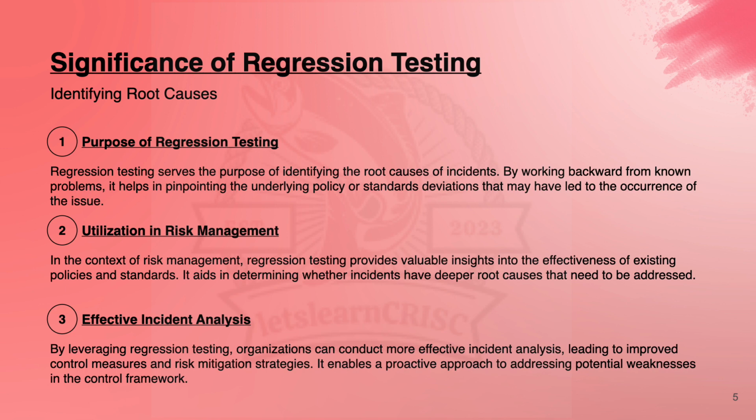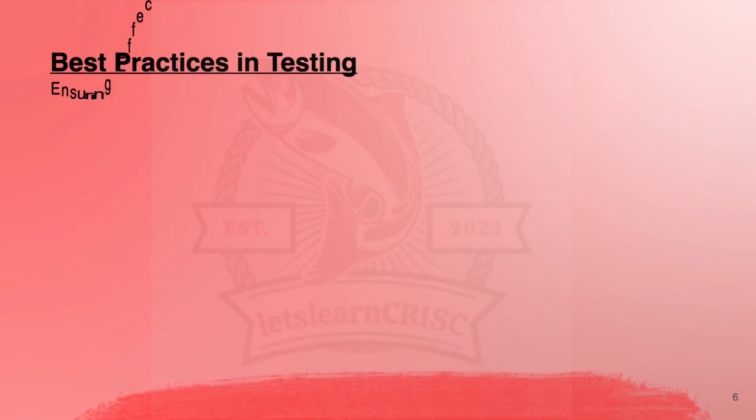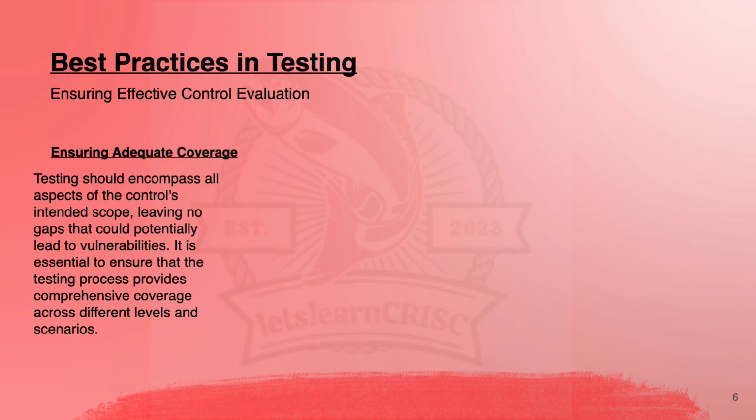Right? Moving next, we'll discuss some best practices in testing for ensuring effective control evaluation. The first is ensuring adequate coverage. Friends, testing should cover everything that a control is supposed to handle.